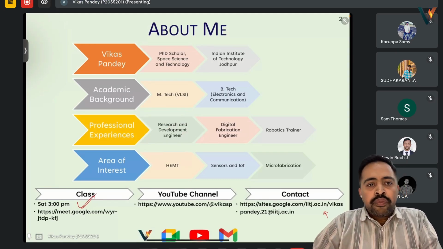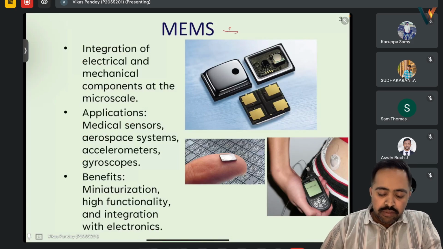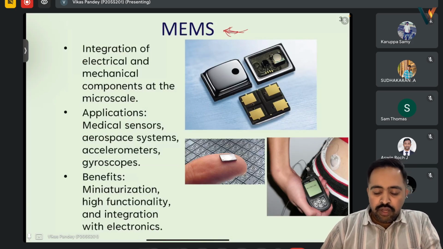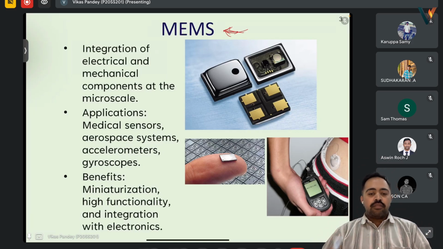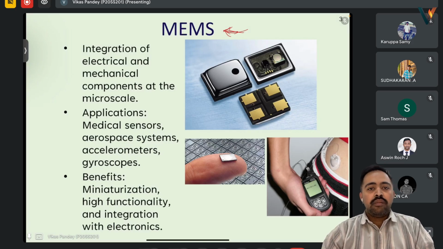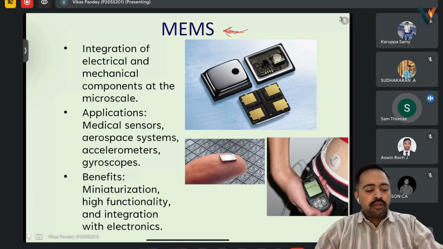So let's start with our class. We'll start with MEMS. Anyone knows what is MEMS? I think you have seen the first week of the lecture. Anyone can say what is a MEMS? Is it a medical sensor?